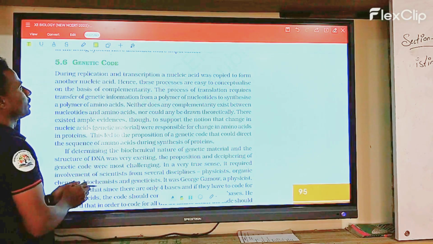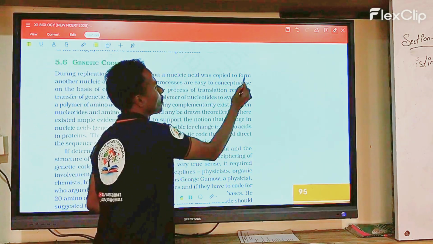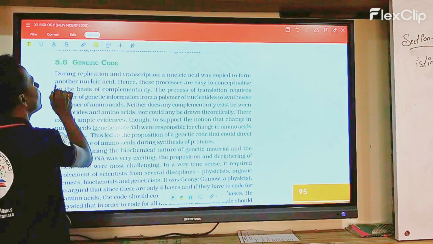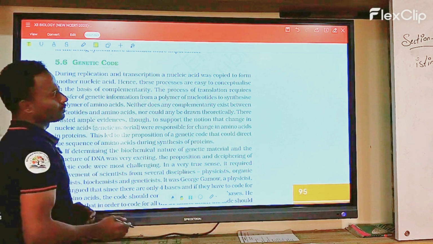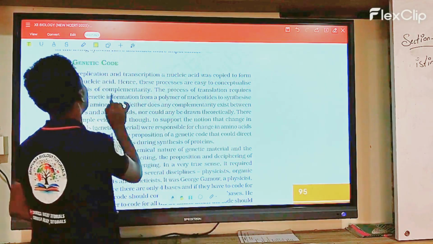Next we discuss genetic code. During replication and transcription, a nucleic acid was copied from another nucleic acid. So here one nucleic acid was copied from another nucleic acid.